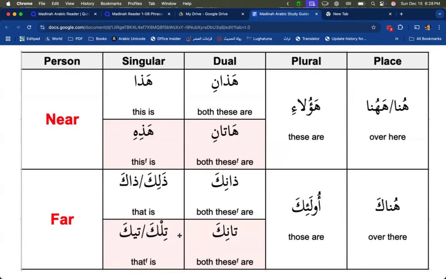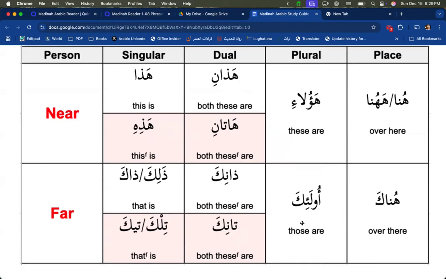And then there's more. I'll just tell you right now. Forget the dual for a second. Haula, these things. You can think of it as a plural for hada. In the Quran, you learn haula'i. Have you come across haula? Right? You guys remember vaguely? Okay. And ulaika. Ulaika is the plural you could say of dhalika.